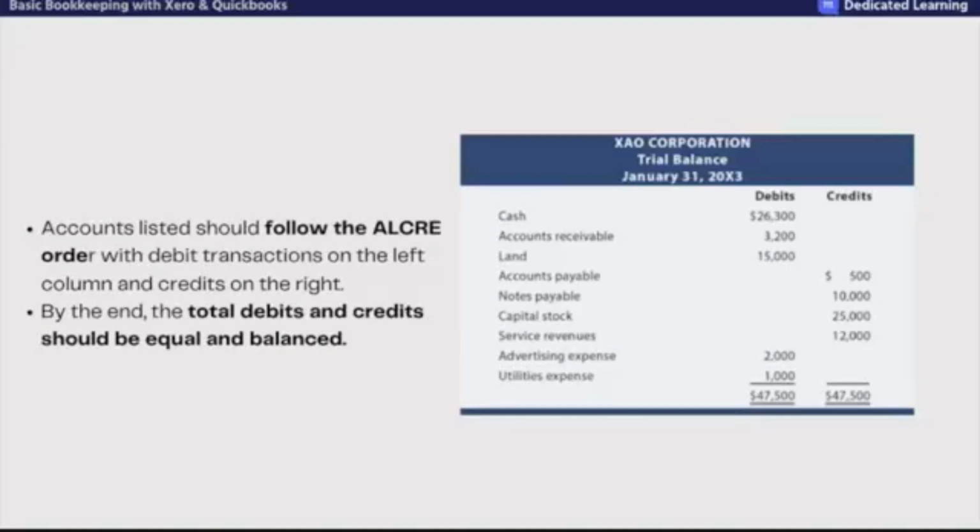Or what if you record the same transactions twice? Or what if you post an incorrect amount in the categories? So these issues might produce a balanced trial balance report, but the actual transactions are incorrect. So again, it all goes back to paying attention to your details.